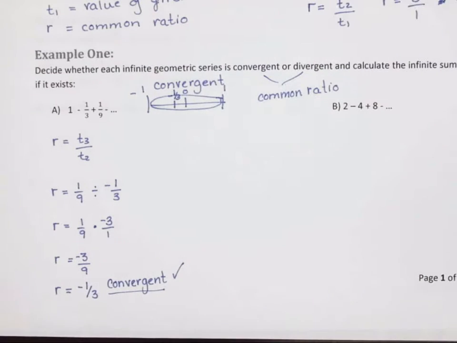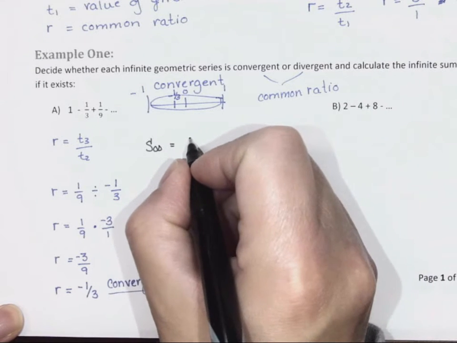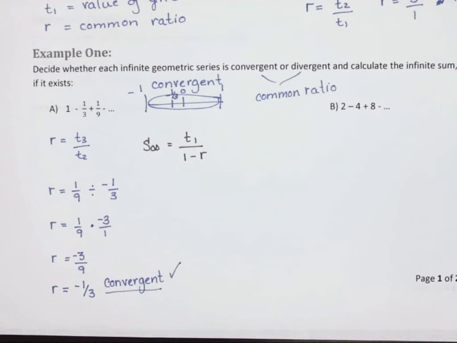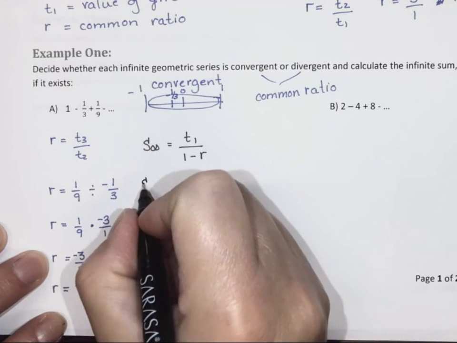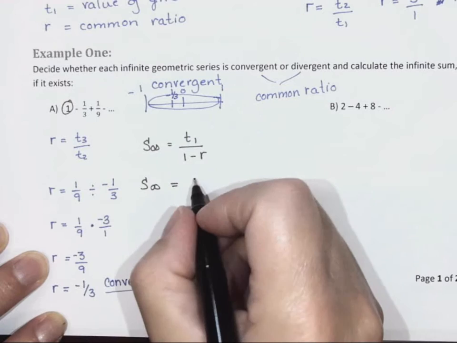So we're going to go ahead and use our formula. So S infinite is equal to T1 divided by 1 minus R. And again, if you've done the other lessons, the formulas are super similar. So please make sure you pay attention to what formula you're using. So we're looking for the infinite sum. Term 1 has a value of 1.